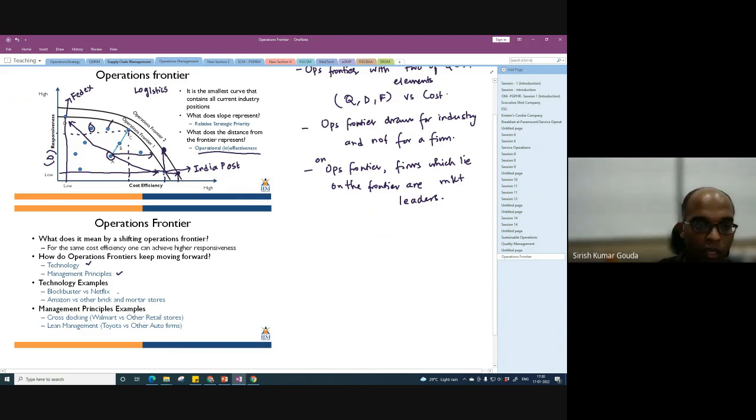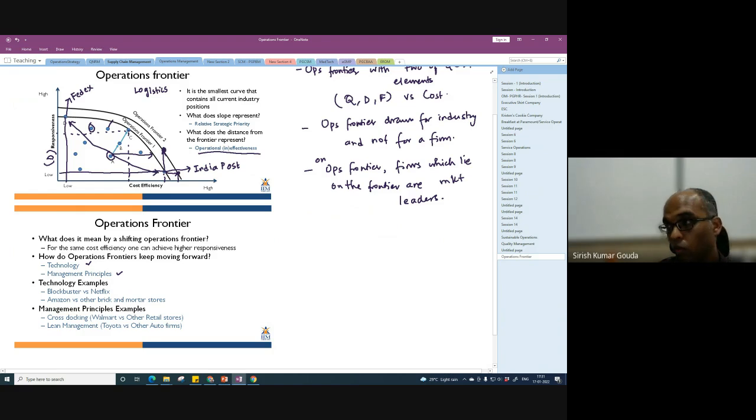Earlier, Blockbuster was considered one of the biggest companies taking the video rental business by storm, right? Then came Netflix, started digitizing everything, and completely revolutionized the world. The cost at which these services were able to provide choice to customers came down significantly after Netflix started investing in digital. That's the reason why Blockbuster is almost bankrupt, and they've started closing all their brick and mortar stores where they used to give these rentals.